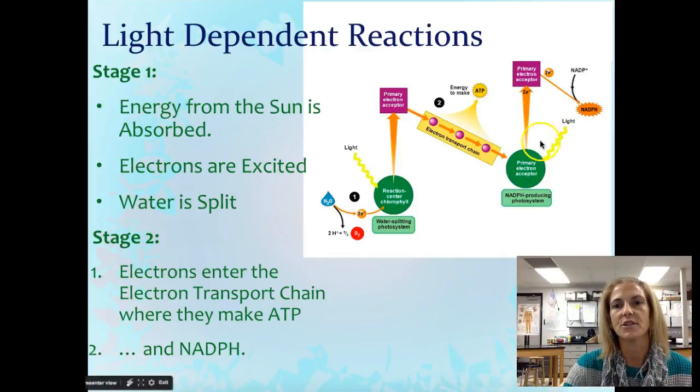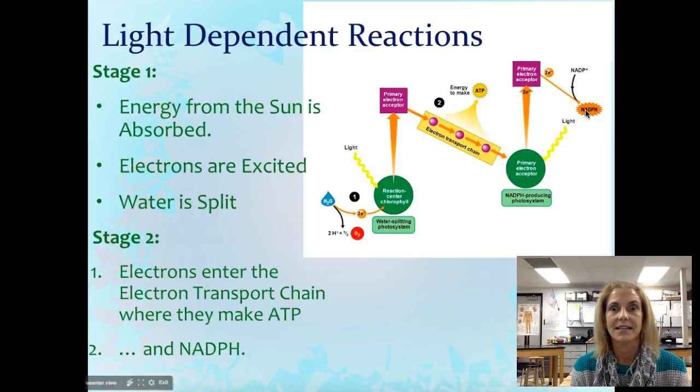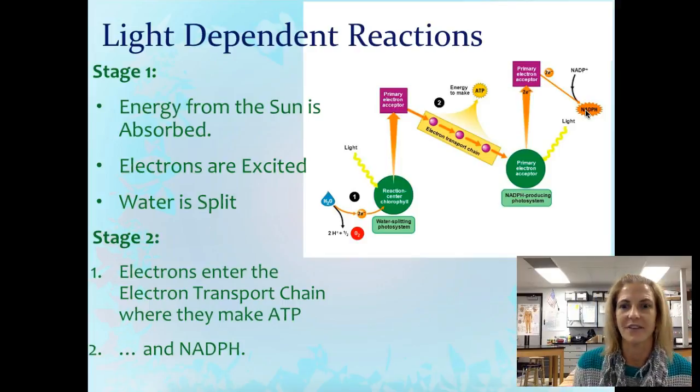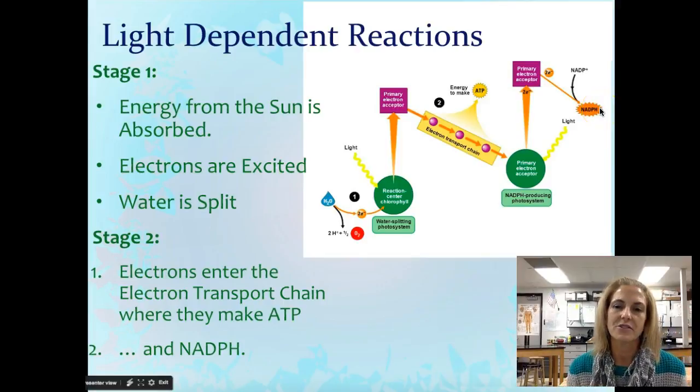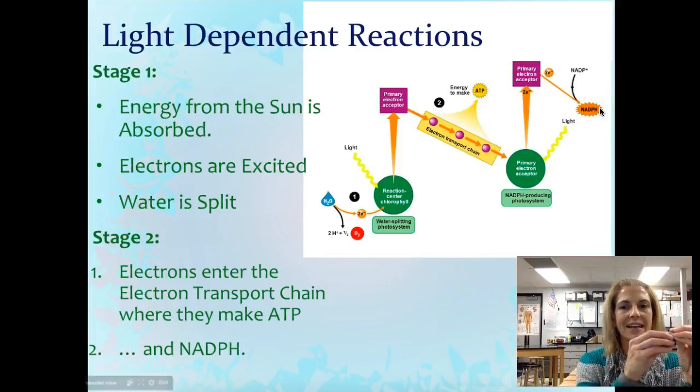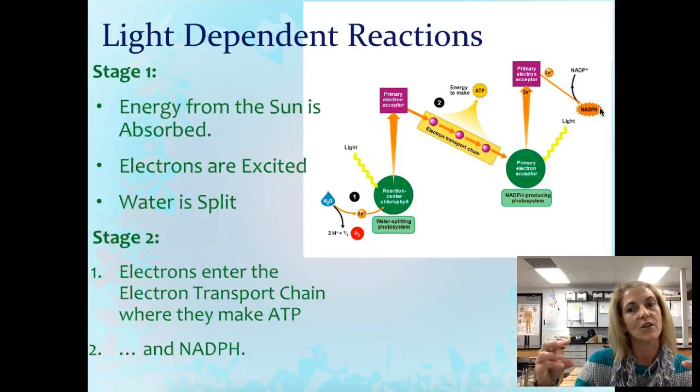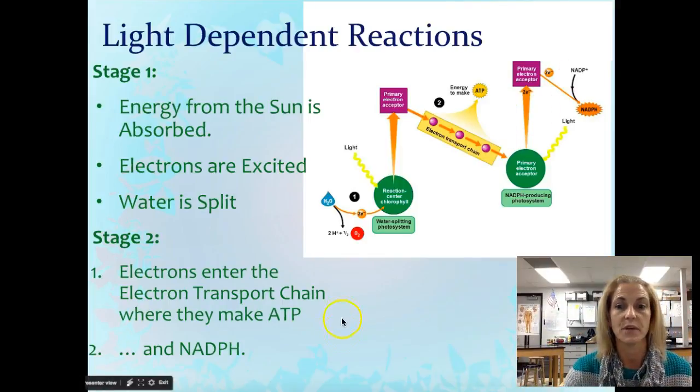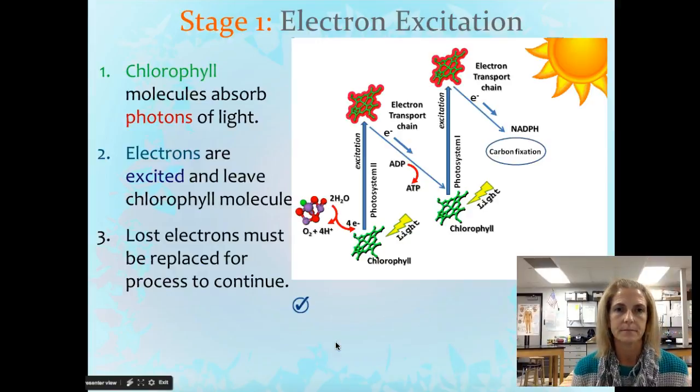The other one is going to jump up and make NADPH, nicotinamide adenine dinucleotide phosphate. Say that 5 times fast. So this is what's called an electron carrier. So it takes that electron from one reaction and kind of ties it up until it can be used in another reaction. And that's what its job is.